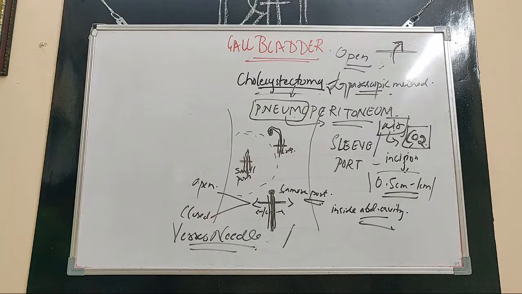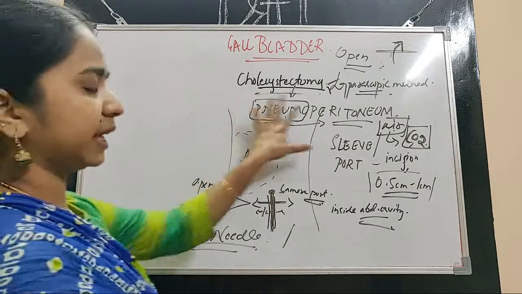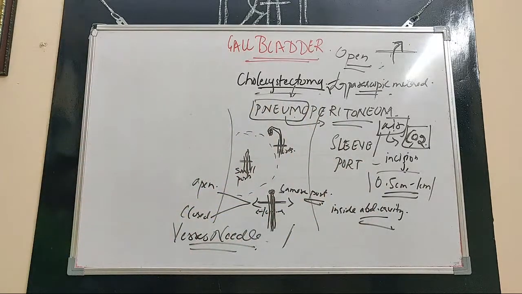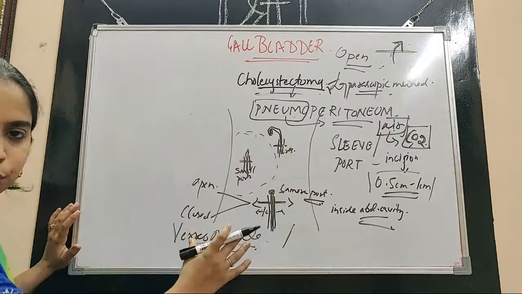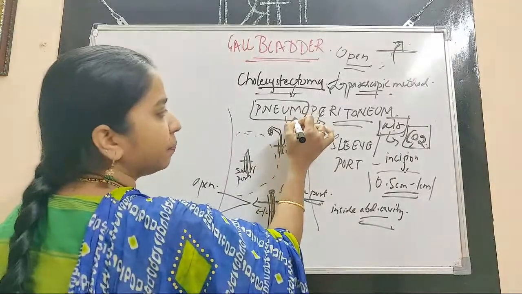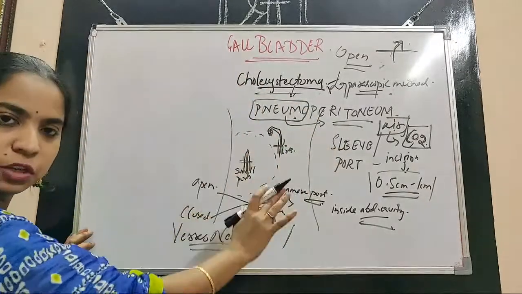And why is that field needed? For a good working space, and so that the surgeon is able to view the operative tissue better through the camera. This is the rationale behind creating pneumoperitoneum.